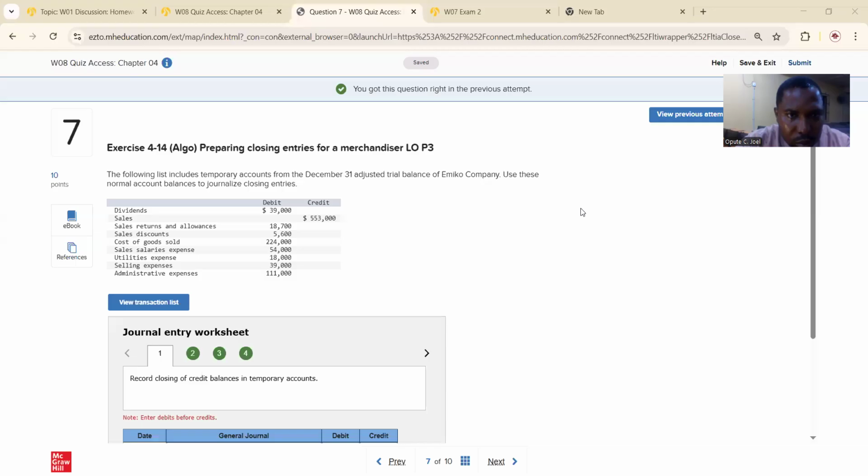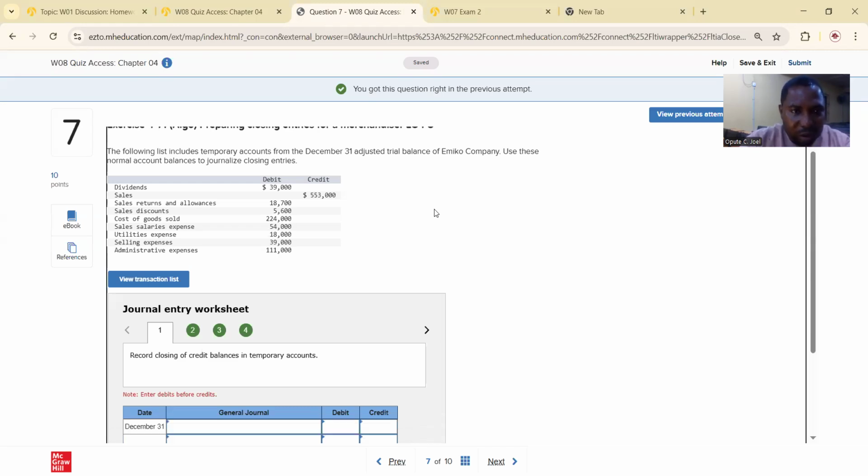We are required to prepare closing entries for a merchandiser, and the following list includes temporary accounts from the December 31st adjusted trial balance of Emiko Company. Use these normal account balances to journalize closing entries.